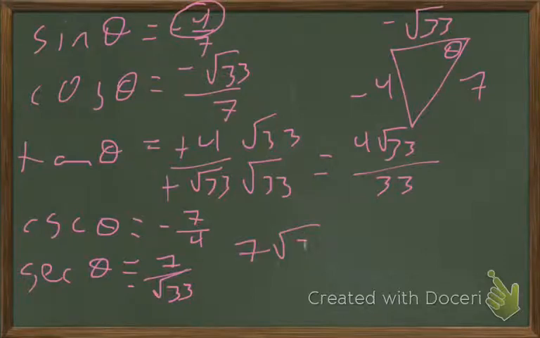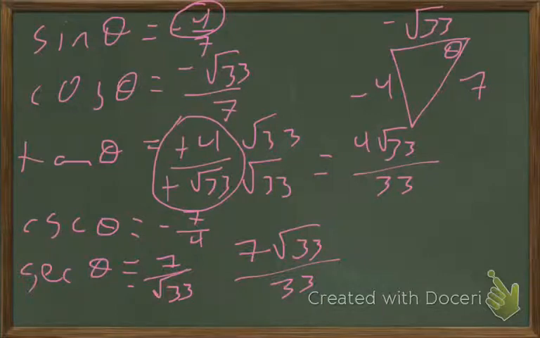So 7 square root of 33 over 33. Okay? Now, tangent theta was originally this. Flip that over, that's the square root of 33 over 4, and that is cotangent of theta. And by golly, we have number 5 done.